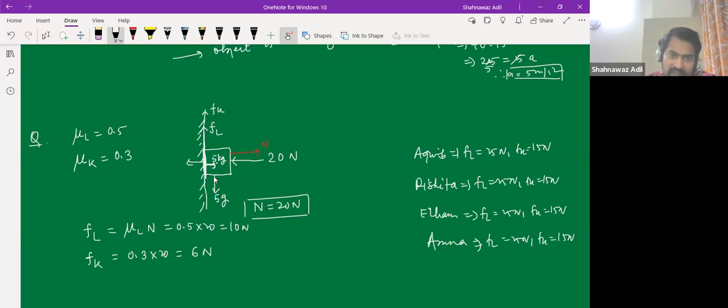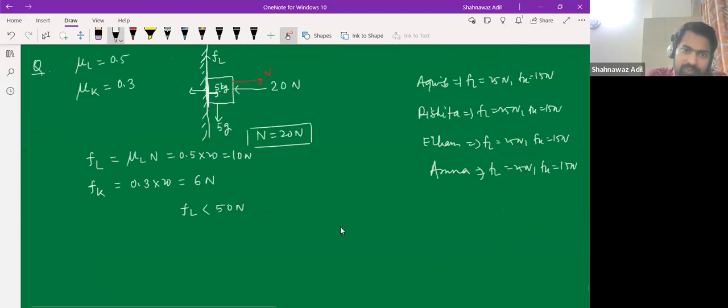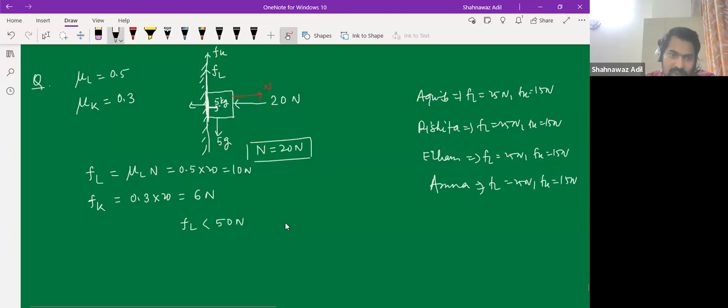This gravity is making this object move. So we know that this FL is lesser than this, which is 50 Newton, which means that the object will move, right?